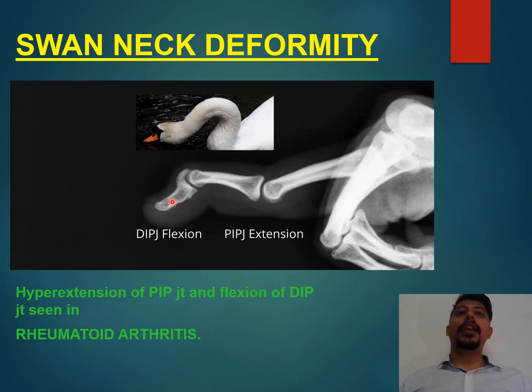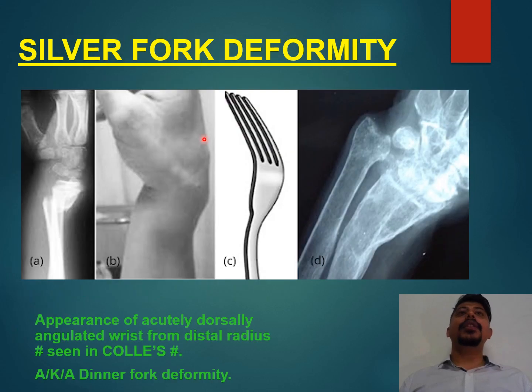So this is the swan neck, and as we have seen the boutonniere deformity, in contrast to that, there is hyperextension of the PIP and flexion of the DIP, giving swan neck deformity in rheumatoid arthritis. Silver fork deformity or dinner fork deformity. As we can see the appearance, there is a distal radius fracture with dorsal angulation that gives this appearance.